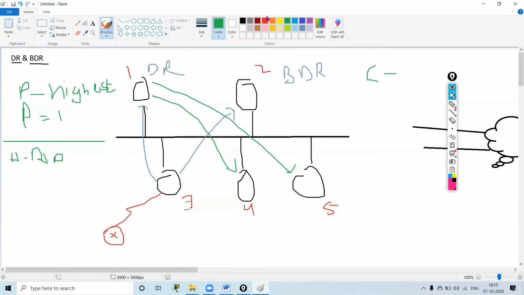The router with the highest router ID among these 5 routers will become the DR, and the second highest will become the BDR. If there is a tie in the priority, the highest router ID will break the tie. Got it? Yes.